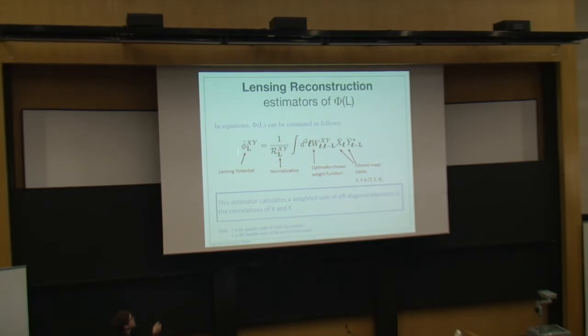In this case, it's represented in 2D harmonic space. For polarization, you simply put T, E, or B maps into this formalism, and then can derive an estimator for each of these combinations.